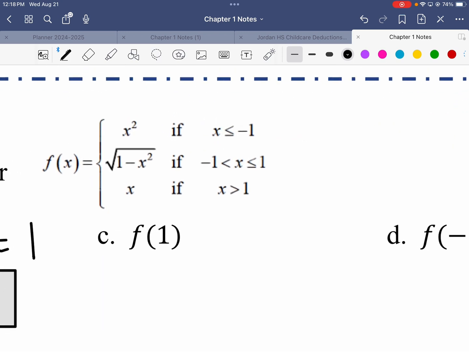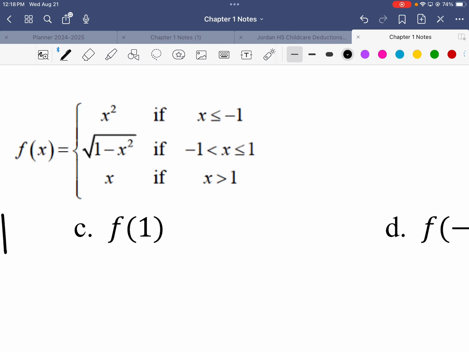Okay, what about for f of 1? Which chunk do I need to plug it into? Why is it the middle one and not the bottom one? That or equal to part, exactly. So we're going to plug it into the square root of 1 minus 1 squared. What is 1 squared? 1.